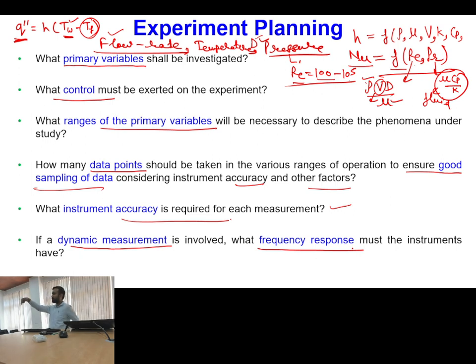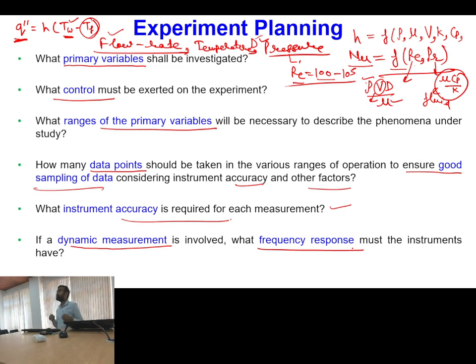This is very simple. For example, if you dip a thermometer in hot water, it does not immediately show you the temperature of the water. It takes some time to reach there. If you are only interested in the final temperature of that water, then there is no problem. But say you have dipped the thermometer in a water container whose temperature is changing continuously with time, and you want to record that change with time.